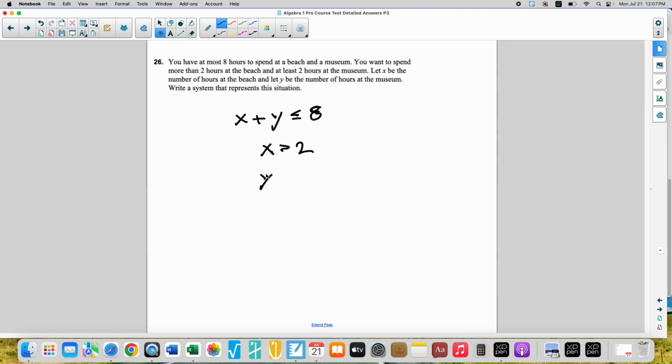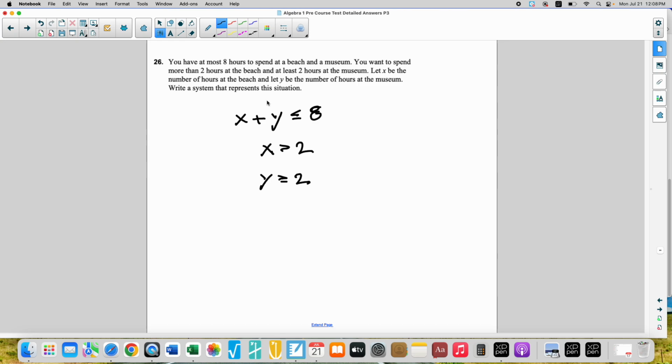So y has to be greater than or equal to 2. You want to spend more than 2 hours at the beach, not equal, more than 2 hours, and at least, the lowest that can be is 2 hours. So it has to be greater than or equal to 2. All right, that's the system. That's how we would write it. Then you can graph each of those and see where they intersect.